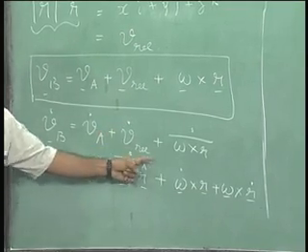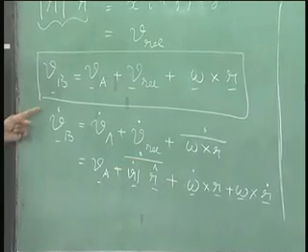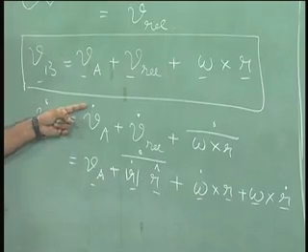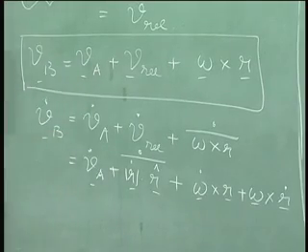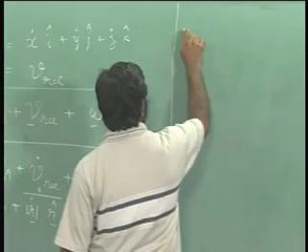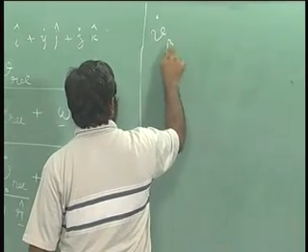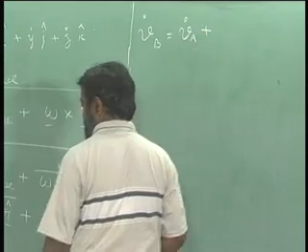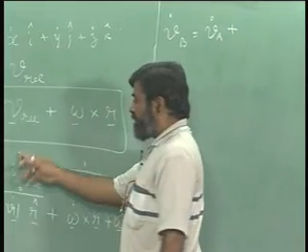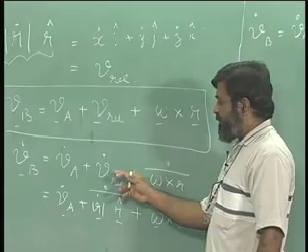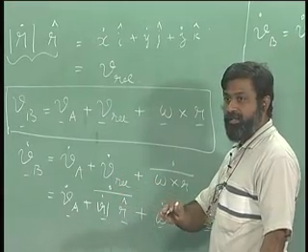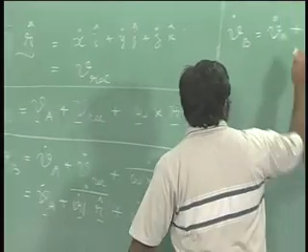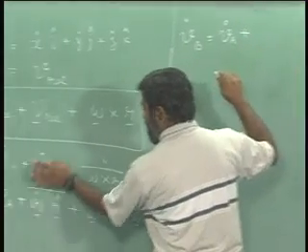V dot B equals V dot A plus this V dot relative. Again I have to look at the magnitude and the direction. So, let me write it as either this way or this way.